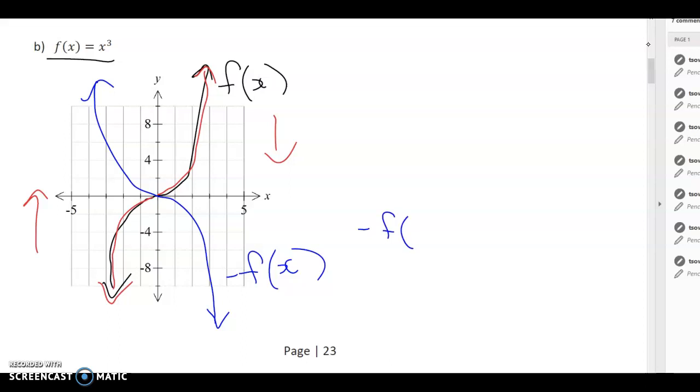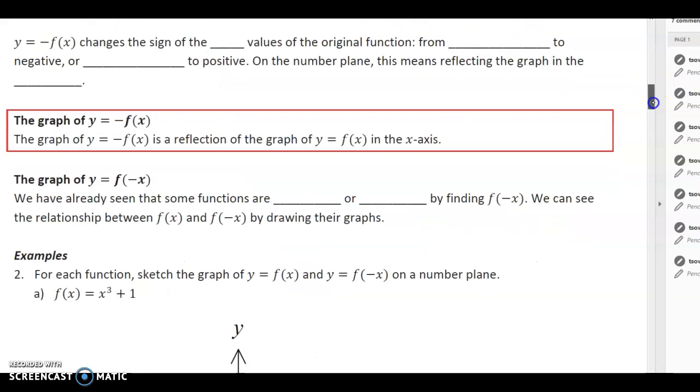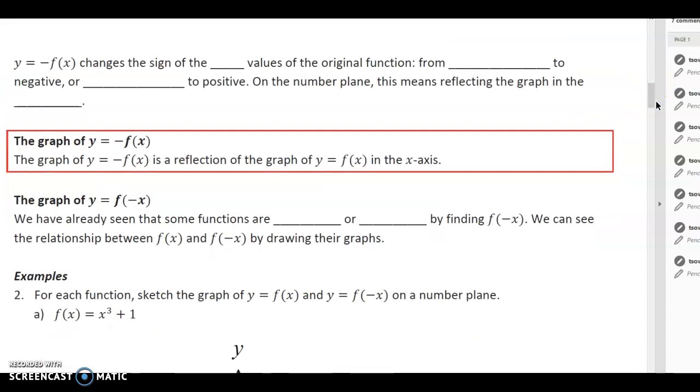And minus f of x, of course, would be the function minus x cubed. So for this particular minus f of x, what happens is it changes the sign of the y values from the original function, from positive to negative, or negative to positive.